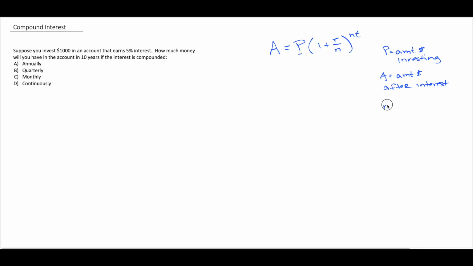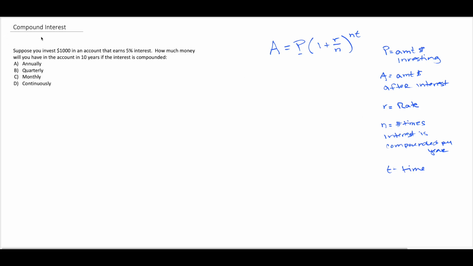So the R will be our interest rate. N will be the number of times interest is compounded per year. And then T will be our time.